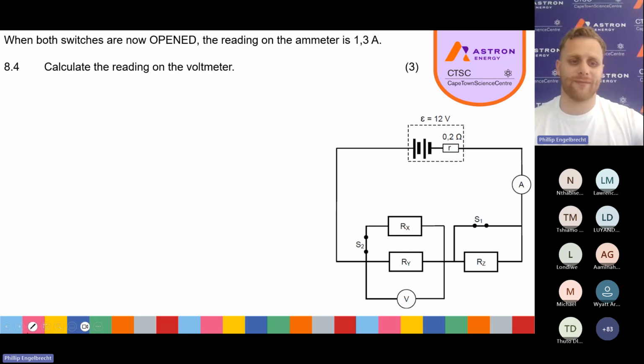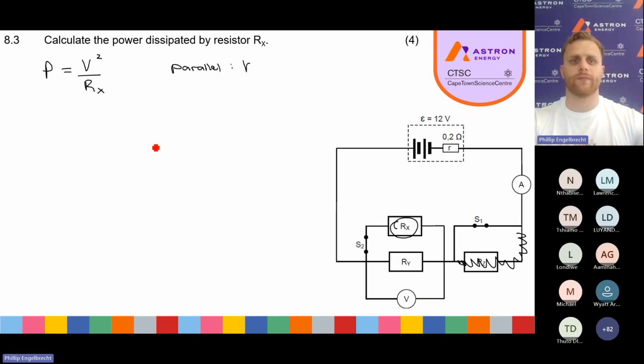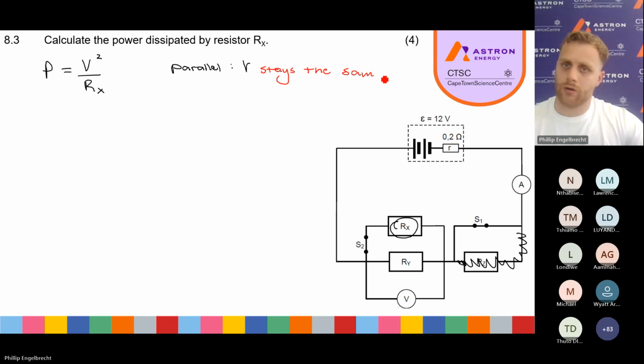Anyways, guys, let me just get up my pen quickly. So I know that power is simply V squared over R, and we are dealing with resistor X. Now, what do I know? I know that in a parallel circuit, the voltage stays the same, and the current divides.